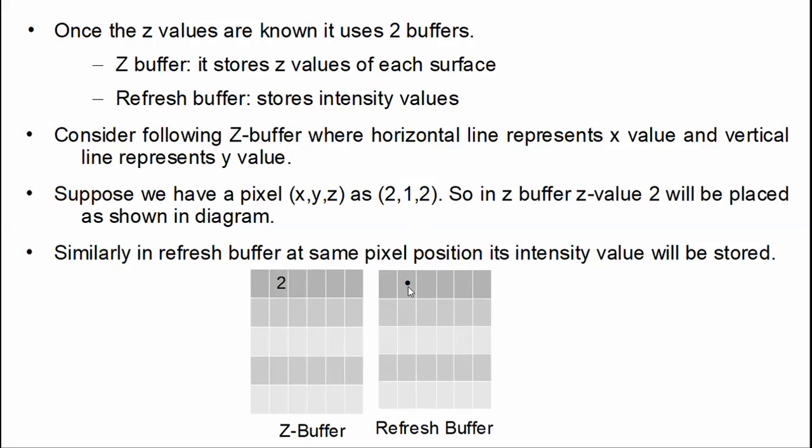Okay, have you understood what is the value stored in Z buffer and in refresh buffer? So Z buffer stores the Z values, that is the depth of surfaces, and it stores the intensity at that particular pixel. Similarly, suppose this is for surface S1, for surface S2, it will be stored here somewhere, surface S3, it will be stored here somewhere. Likewise, these buffers are updated.